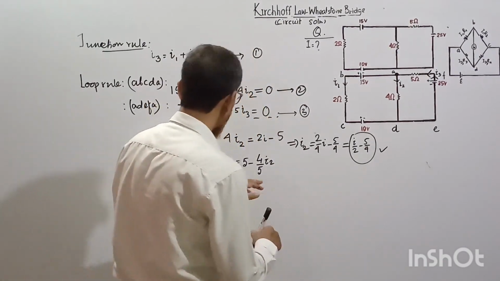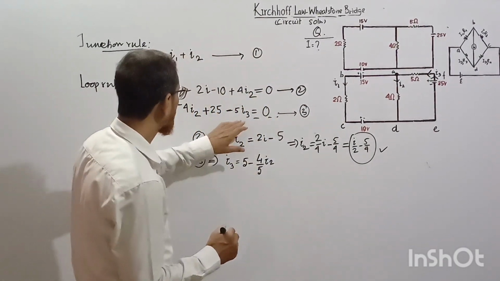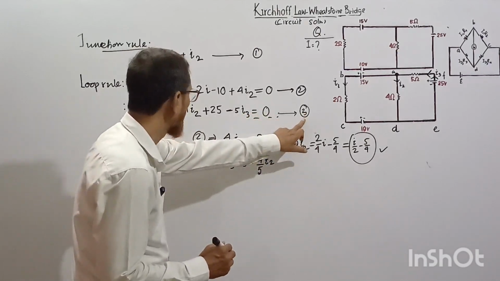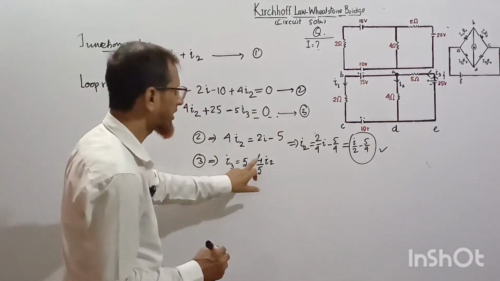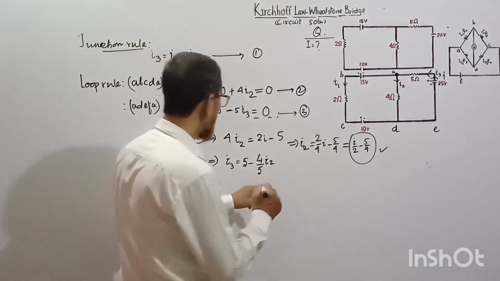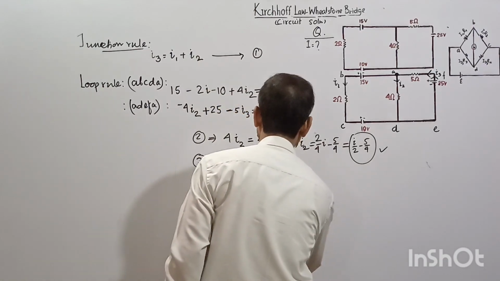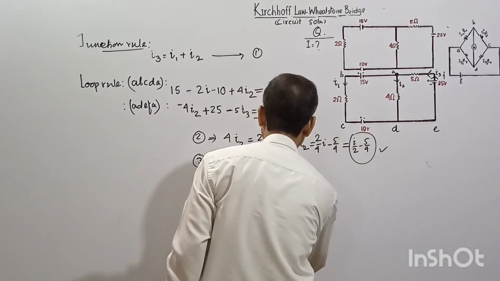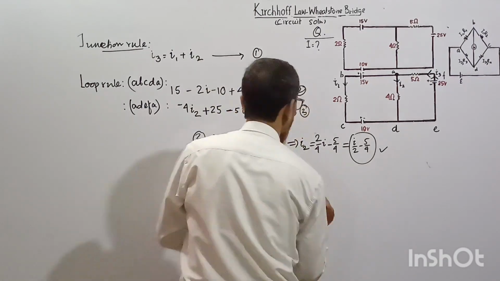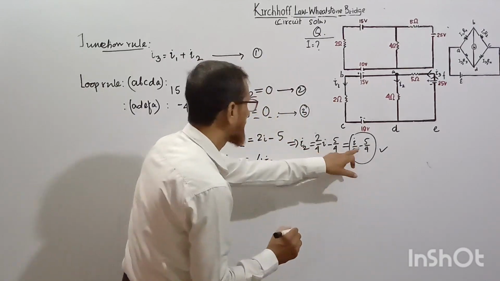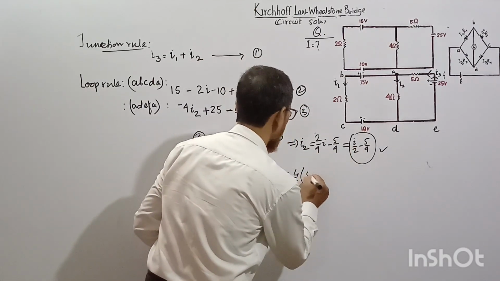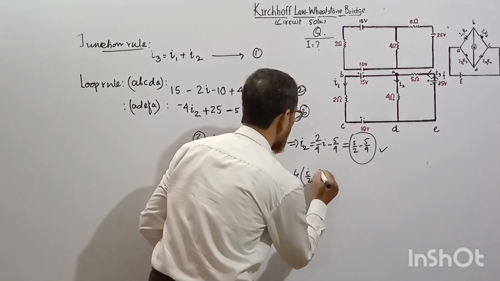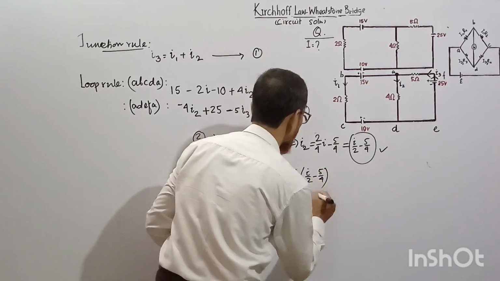Now on simple simplification of equation 3, we get 5 minus 4 by 5 I2, and already we have the value of I2, I by 2 minus 5 by 4.